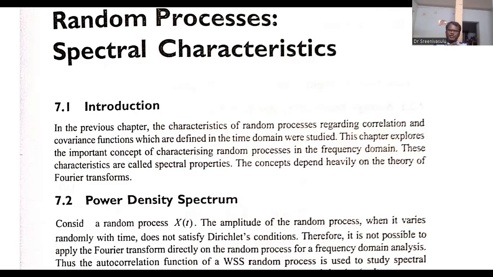Now we are coming to the spectral characteristics. Spectral characteristics means we are going to analyze the signal in the frequency domain. Frequency domain means you need to apply the Fourier transform. Now what is the problem in analyzing a random process with the Fourier transform?